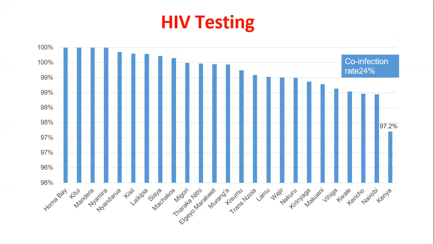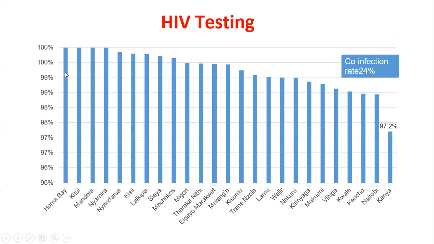So this slide shows the HIV testing, and overall, the country is testing about 97% of TB patients for HIV. And you can see the target is 100%, and you can see some of the counties posting close to 100%.